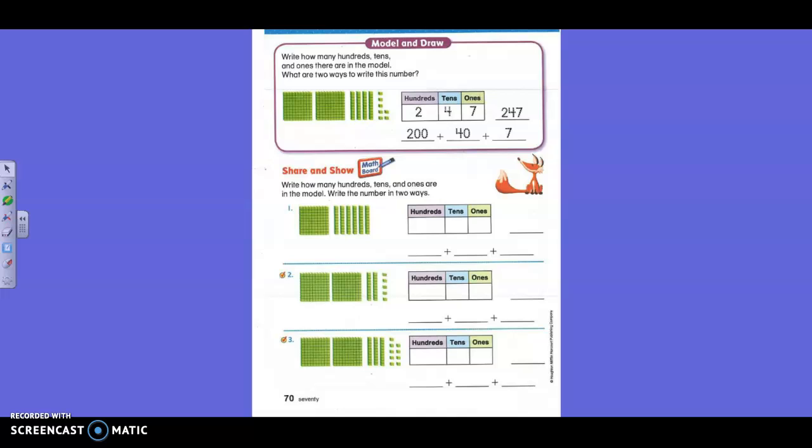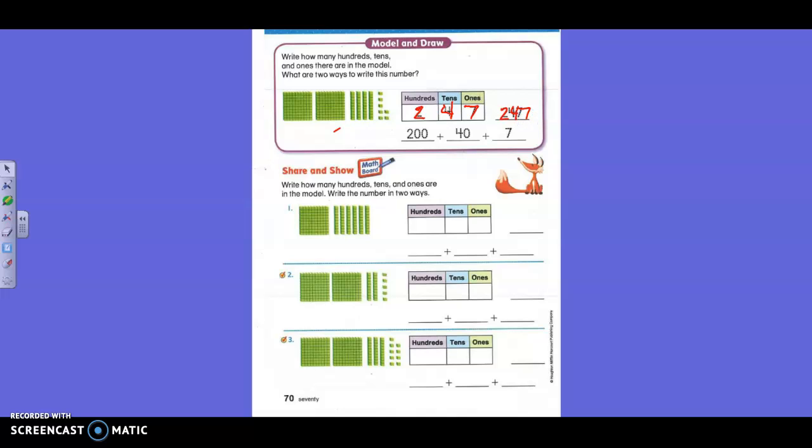Okay? So for right now, let's look at this. How many hundreds are there? 2. So we'll put the 2 in the hundreds place. How many tens? 4. So put a 4 in the tens place. How many ones? 7. Okay, so you would write that number as just 247.